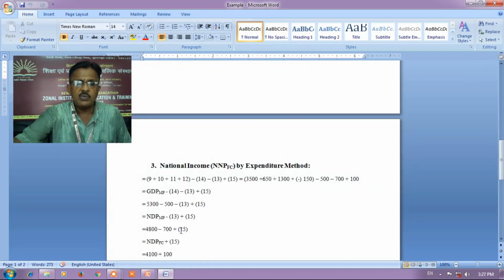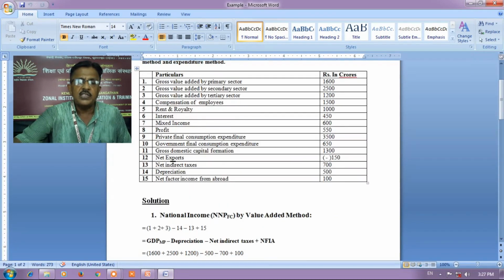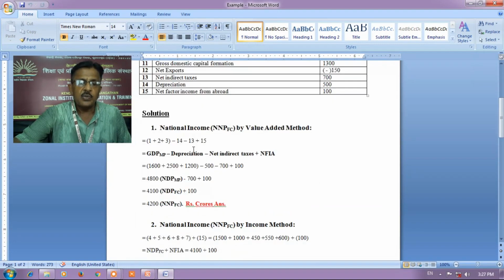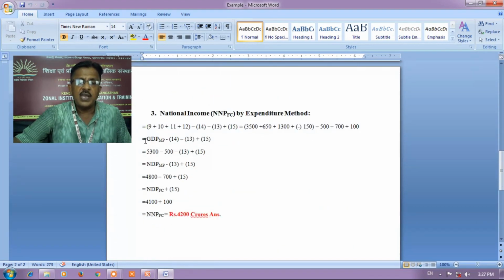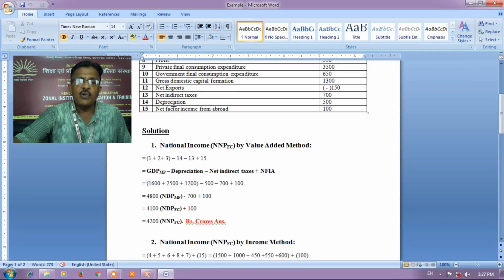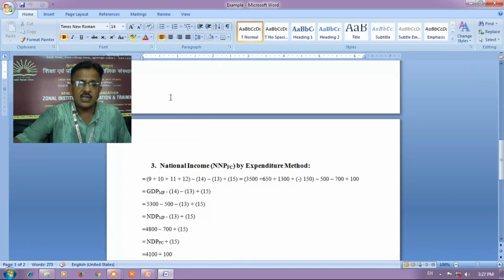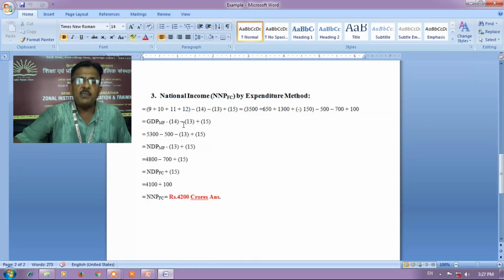Then in the expenditure method, you see items number 9, 10, 11 and 12. You see all the expenditure items here: private final consumption expenditure, government final consumption expenditure, gross domestic capital formation and net exports. If you add these, you get GDP MP, already clarified. Then from GDP MP, we deduct item number 14, which is depreciation, and NIT, that is net indirect tax, is item number 13.